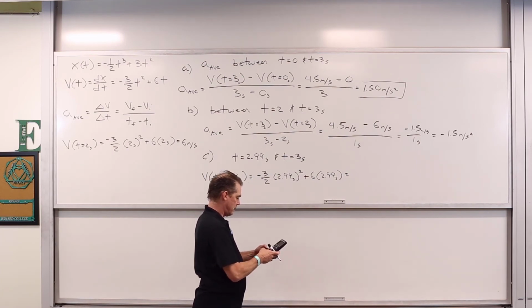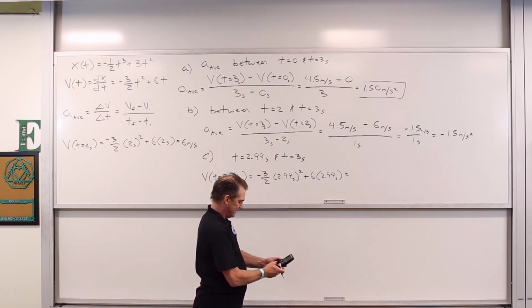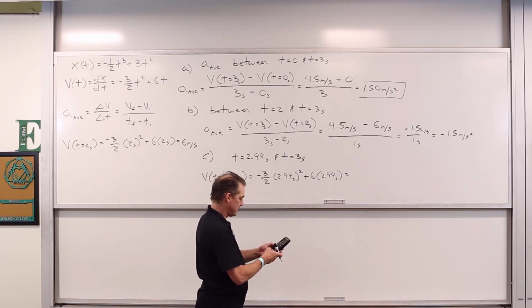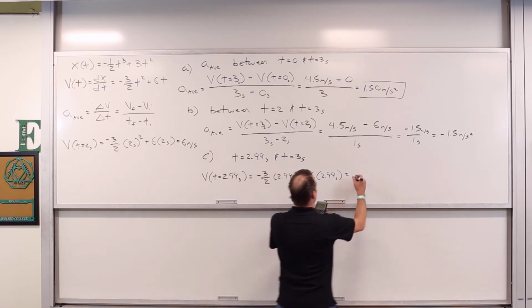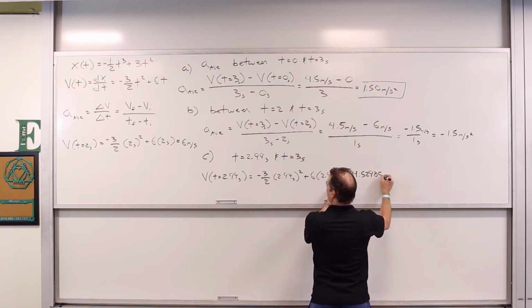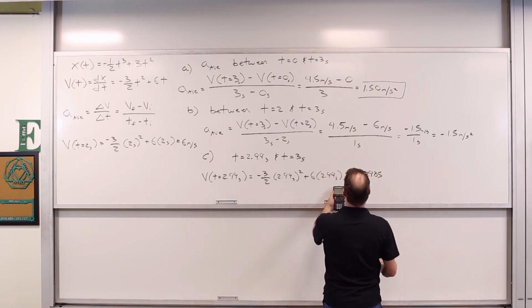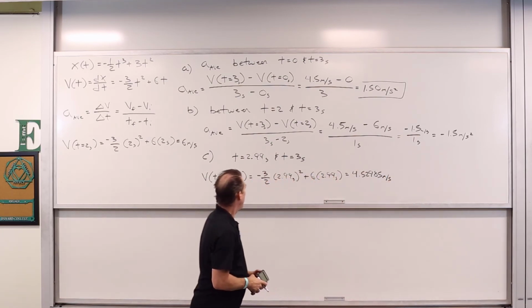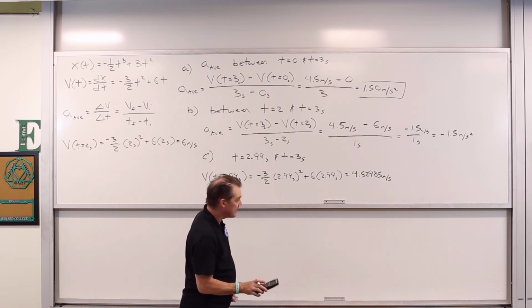There we go. Now we've got 4.52985 meters per second at t equals 2.99 seconds.